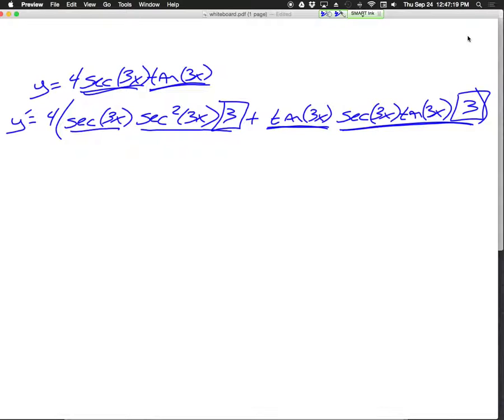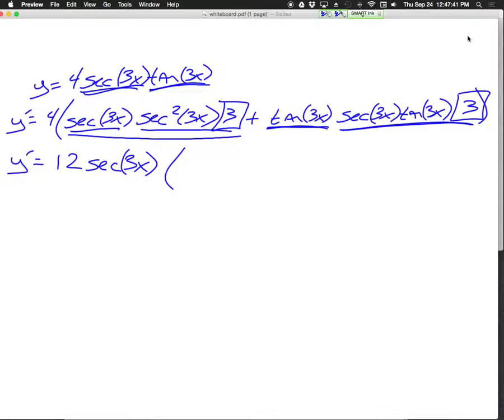Alright, and anytime we do product rule or quotient rule, what do I want you to do? Take something out. What can I take out? A 3 and a secant. So if I take out a 3 with the 4 that's already out here, it turns into 12. I take out a secant 3x, so let's see what's left. What's left on this first piece?